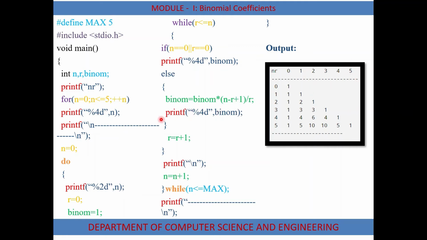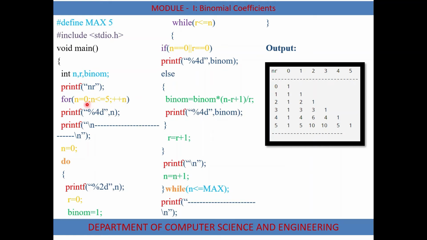For that we write the for loop: for n equals 0, n less than or equal to 5, plus plus n. This is the pre-increment: first increment, then assign the value. printf percentage 4d, where d stands for n.